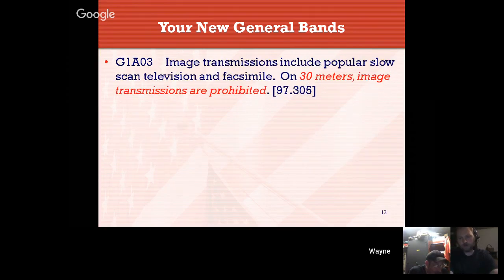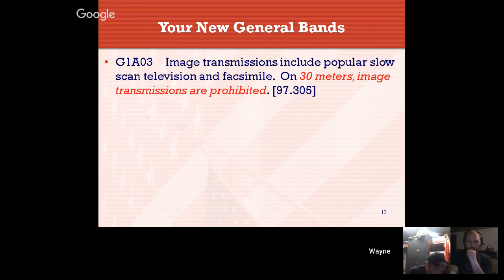So image transmissions include popular slow scan television and facsimile. On 30 meters, image transmissions are prohibited. It's one of the data transmissions that you cannot put on 30 meters, the facsimile or slow scan TV. Part of that has to do with the fact that, again, 30 meters is a shared service.